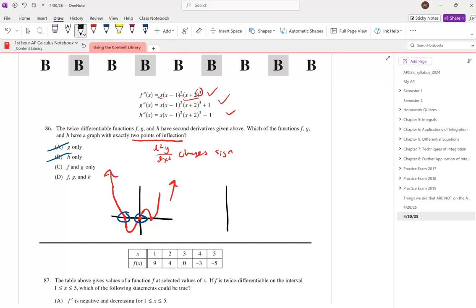If I do G, I've just shifted this graph up 1 unit, right? So it's going to look like that.